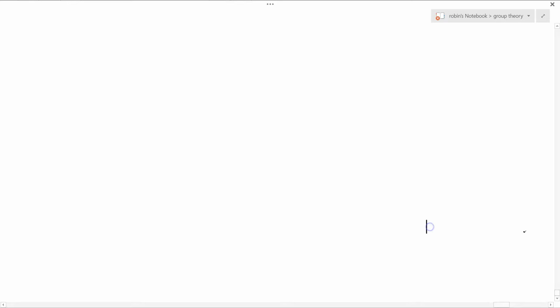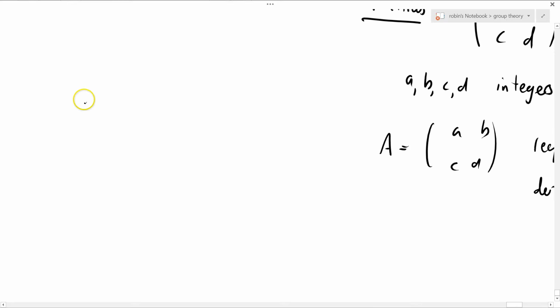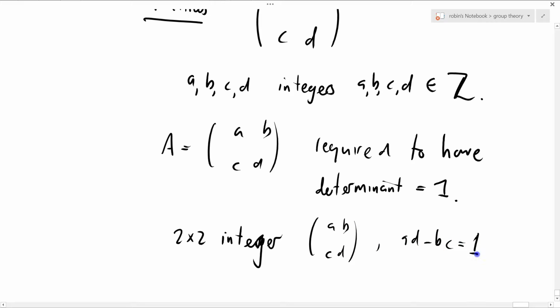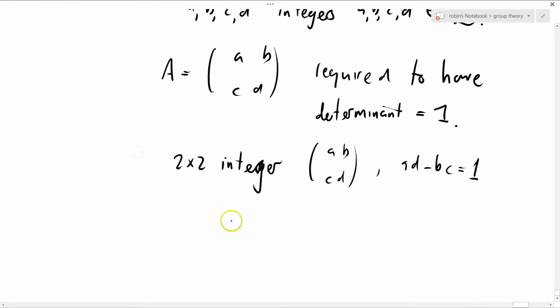So I'm going to consider the set of 2 by 2 integer matrices A, B, C, D with AD minus BC equal to 1. So I'll give you an example of that.